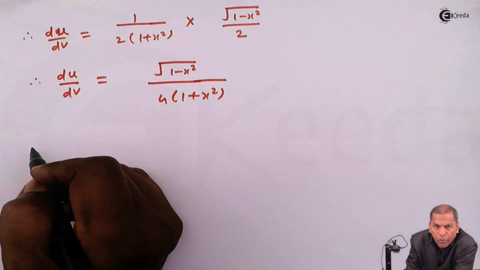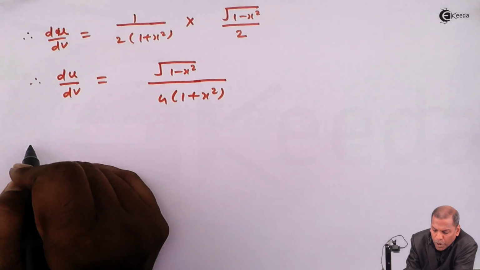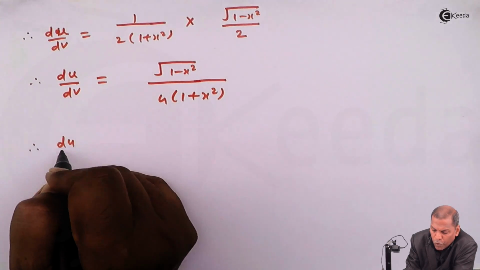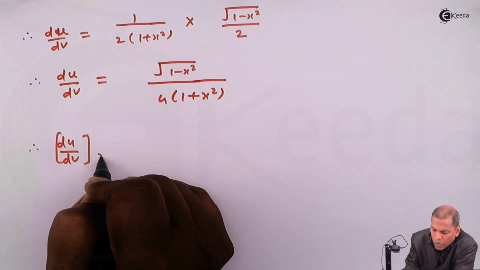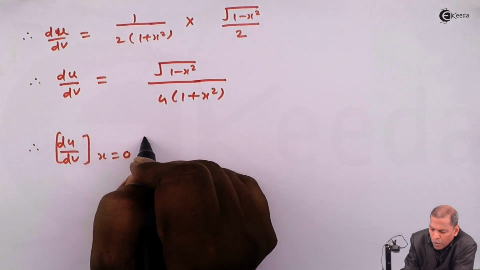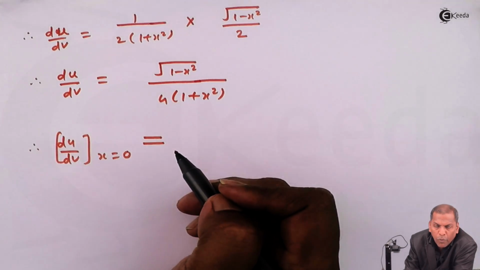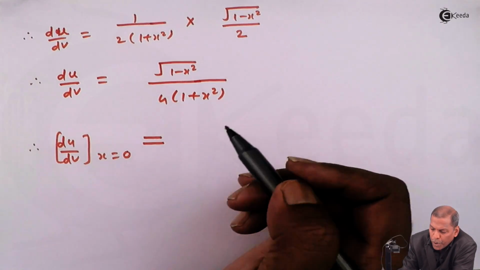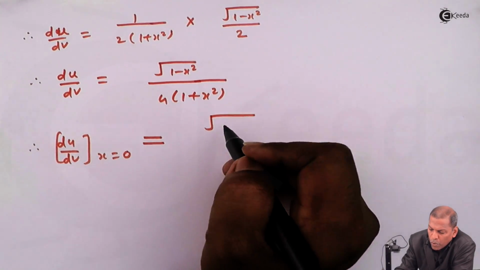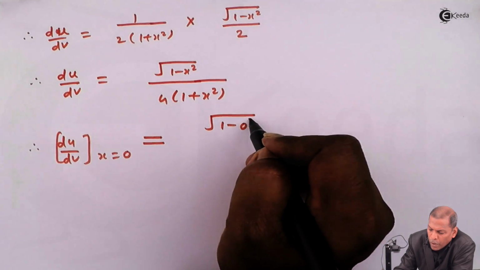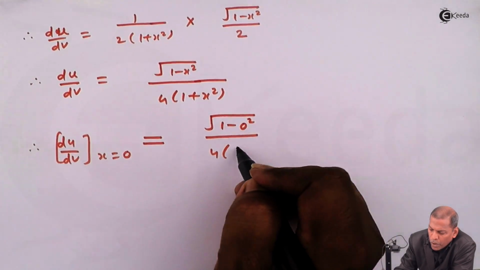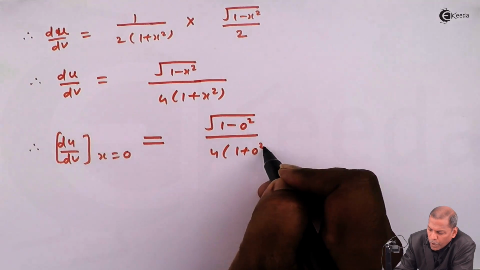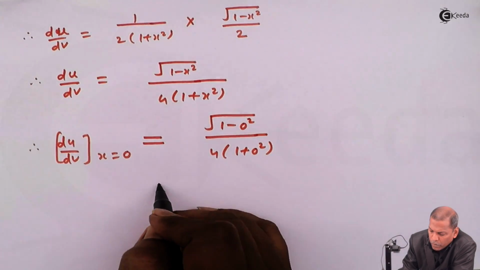But in the question we have to find du by dv at x equal to 0. Therefore du upon dv at x equal to 0 is equal to, now whenever x, we have to substitute 0, so we have under root 1 minus 0 square upon 4 in bracket 1 plus 0 square.